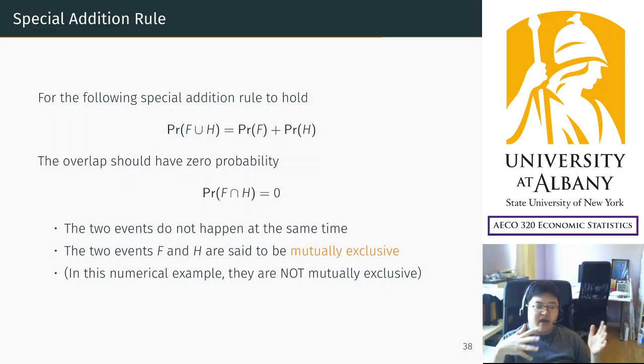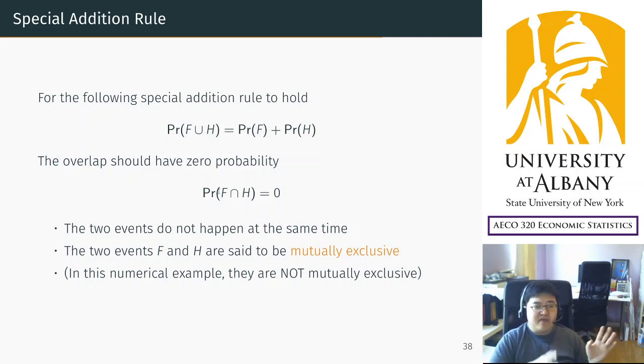We say F and H are mutually exclusive if they do not happen at the same time. When F happens, it automatically means H does not happen. They are never together. That's what we call this relationship.